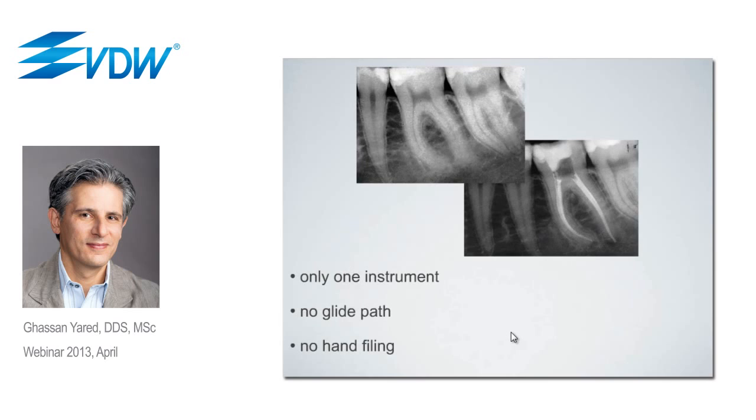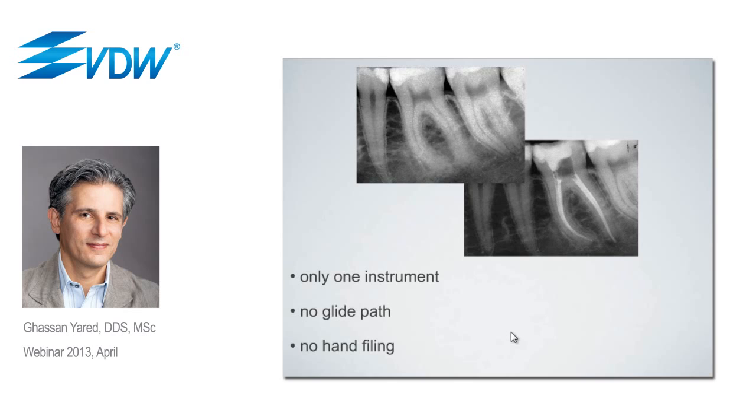Now, if you look at the radiograph on this slide here of the first molar, the canals are partially invisible on this radiograph. So this is a case where the R25 was used for the canal preparation. Now, you probably know that there are two different approaches for canal preparation and for the final size of the apical preparation.